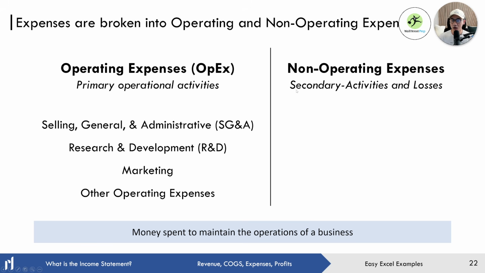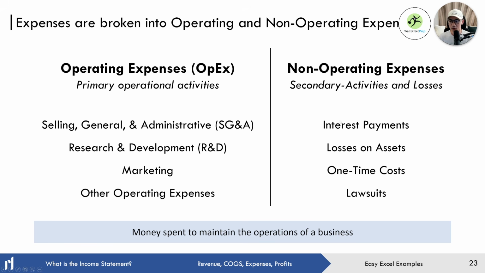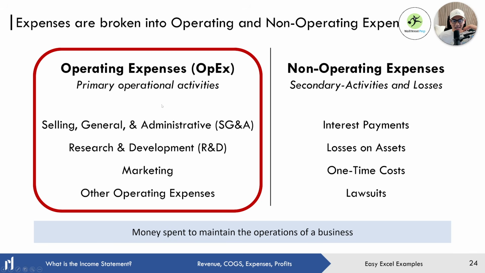And then you have non-operating expenses, which are things like interest payments, losses on assets, one-time costs, lawsuits. So these are things that are non-recurring and can almost happen at random at times. And so, like I said, the bulk of your operating expenses will come from your primary operational activities, and these are the ones that are recurring and the line items you'd really want to look at.